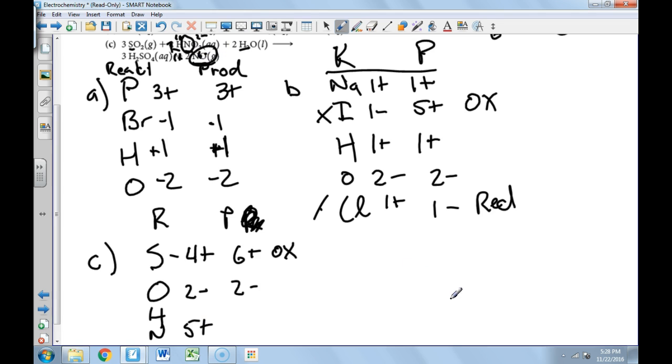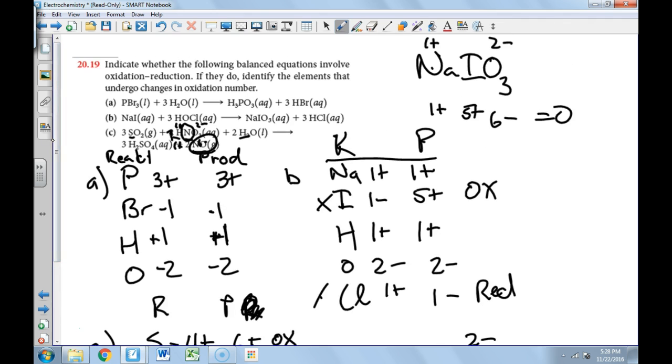Over here, in NO, oxygen is 2-, so the nitrogen is 2+. That means this is what's being reduced. So there you have it, question number 20.19 in Brown, LeMay, and Bursten. Have a great time.